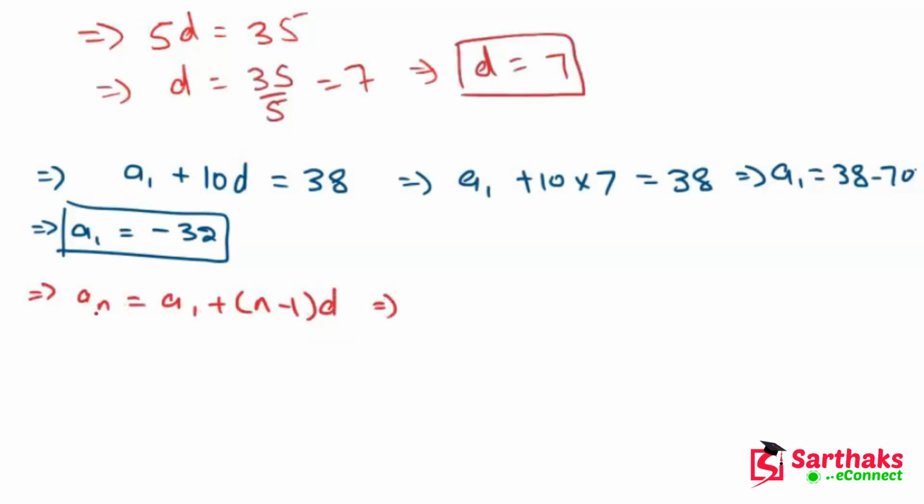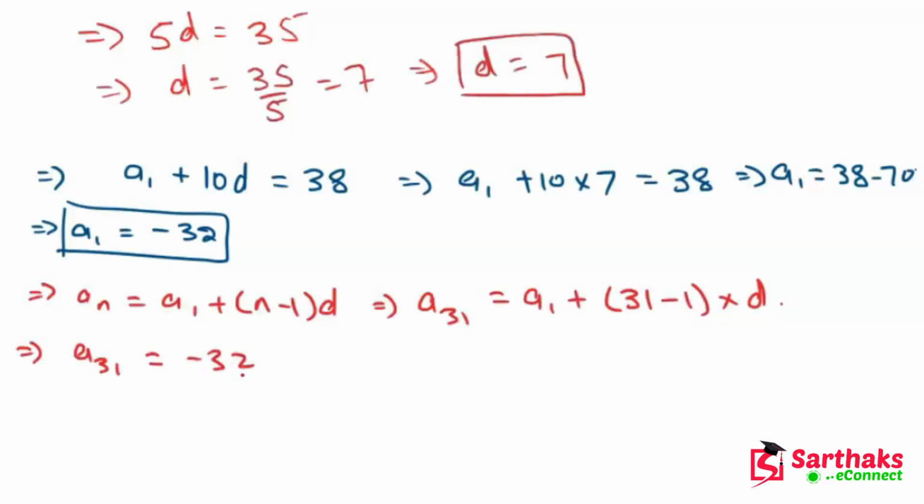Here the value of n is 31. So a31 is equal to a1 plus 31 minus 1 into d, which is minus 32 plus 30 into 7. This becomes minus 32 plus 210.